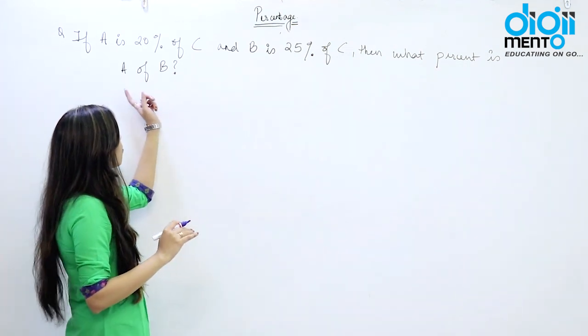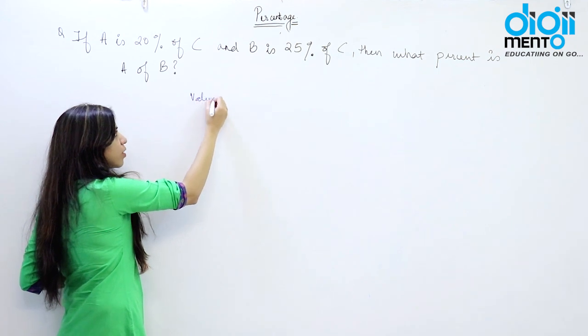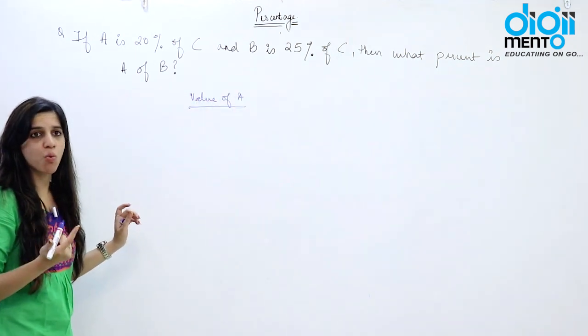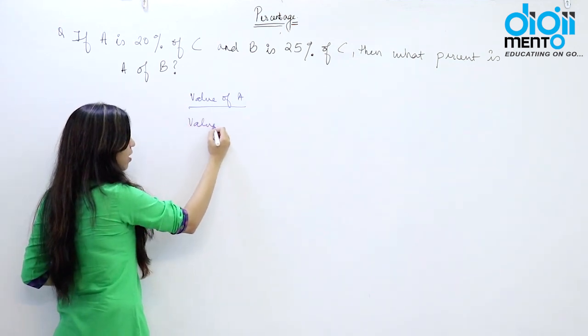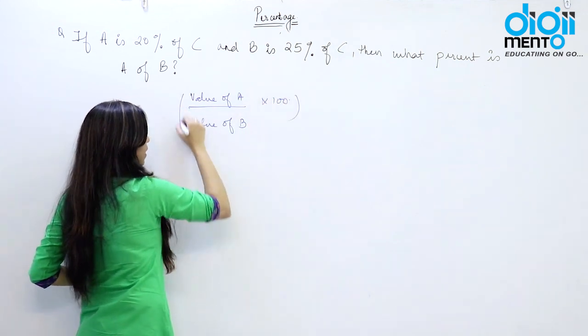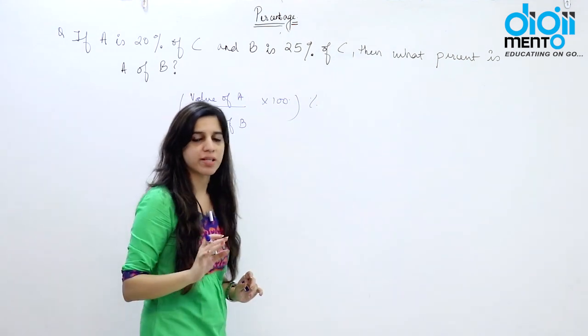Now they are asking what percent is A of B, which means value of A is going to be the numerator with reference to what? Of B. Of B means value of B is going to be the denominator, and you need to multiply with 100 and put a percentage sign. So this is what you are going to do basically.